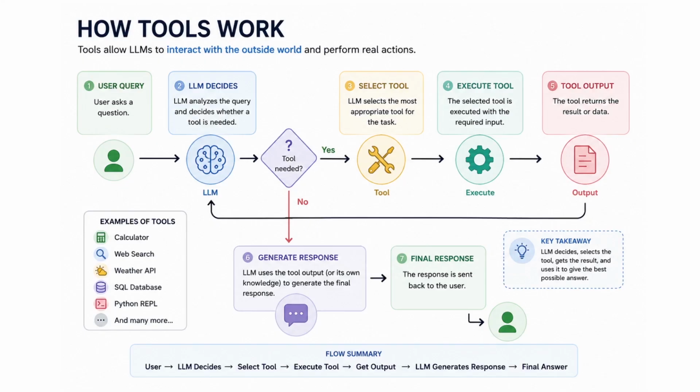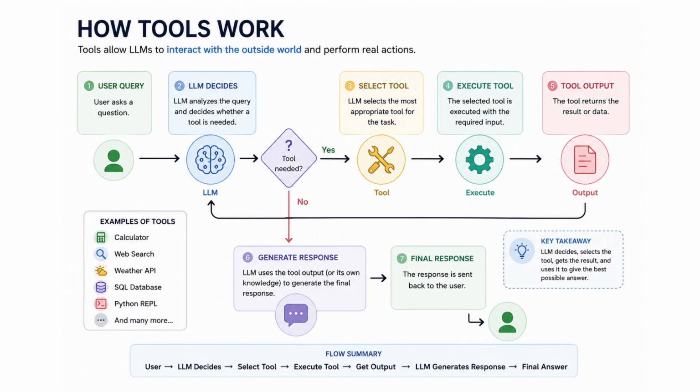Now coming to the next part, which is how tools work. I will explain at a very high level. Tools follow a simple five-step process, which starts when the user asks a question. For example, the user asks what's the weather in Mumbai.